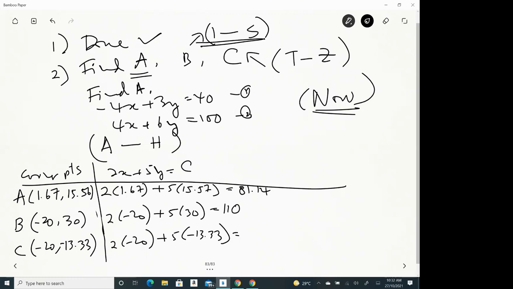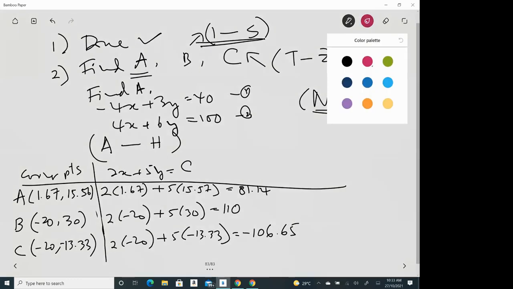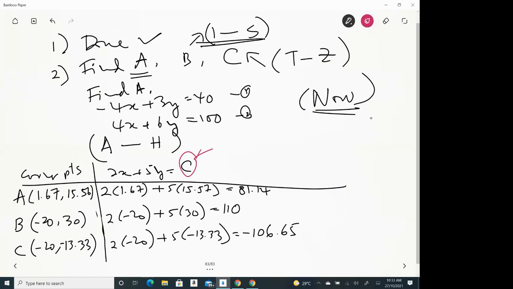C? Negative 106.65. So what you see here is that when you do the substitution, you get a different value of the constant C for each point. That will give you different values.